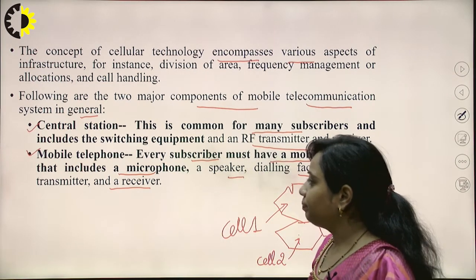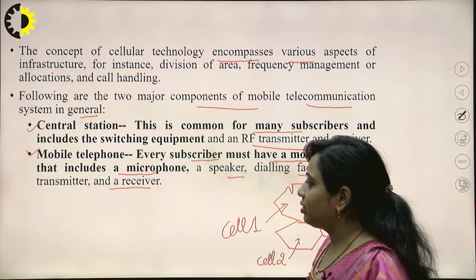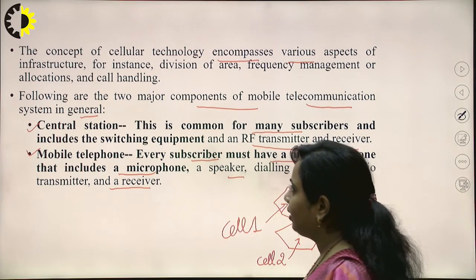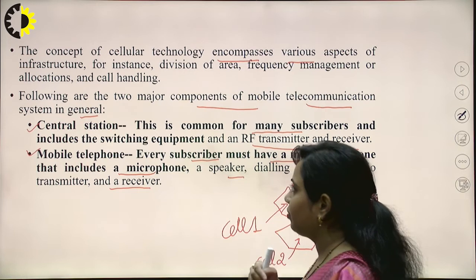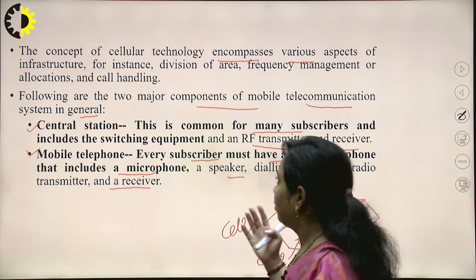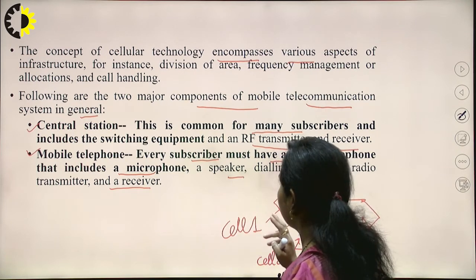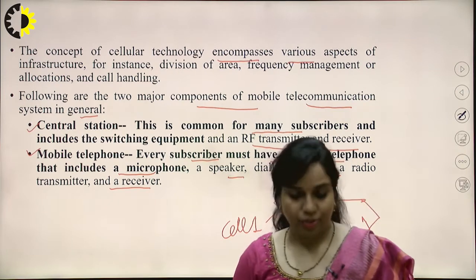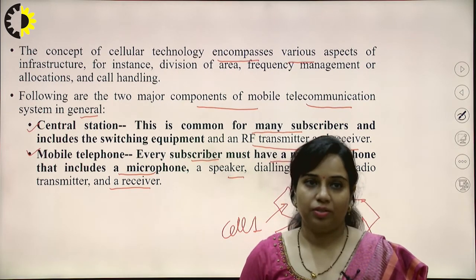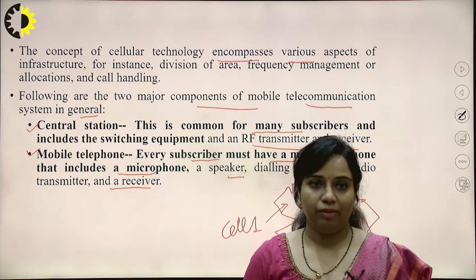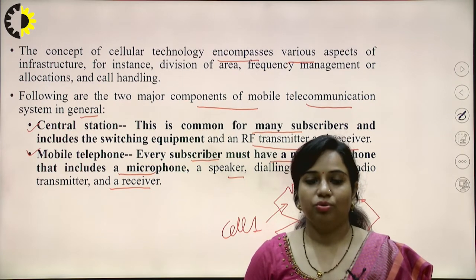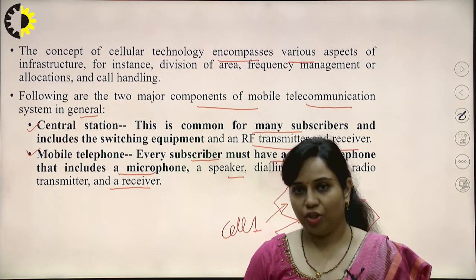So, this is the concept of central station and mobile telephone. What we are considering here are the two main components of a mobile communication system: the central station and the mobile phone. The central station is also known as the base station, BSS.